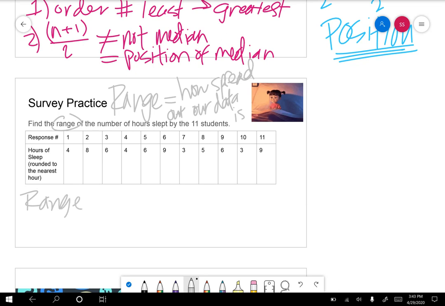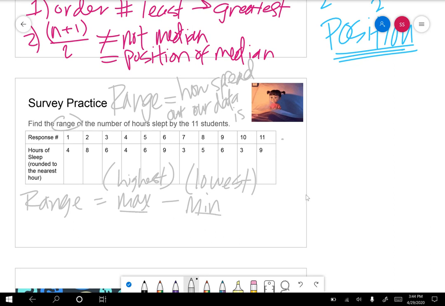So here, to find the range, we'll go back to silver. The range you're going to find by subtracting the maximum value, so the highest value or greatest value, from that, you're going to subtract the minimum value, so the lowest or the least. Okay, so to do that, we need to actually identify the max and the min.